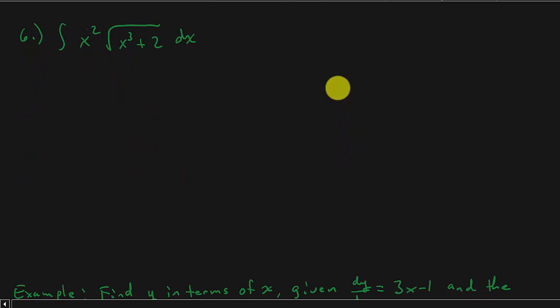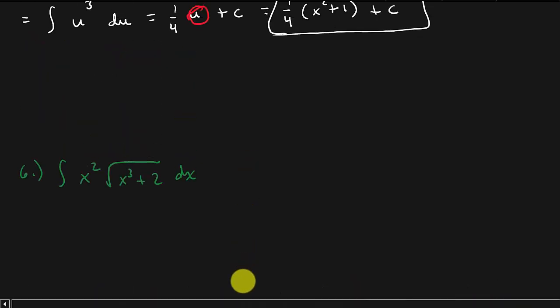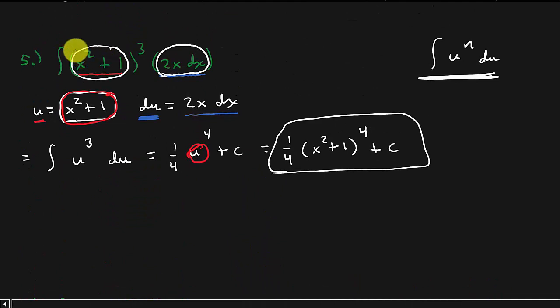All right, so let's do another one. How about this one? Well, remember what we just talked about in the previous problem, that this looks nothing like our formula u to the n. Looks nothing like it. And the other thing we talked about up here is if we have something in parentheses raised to a power, I looked inside the parentheses and said, okay, what's the derivative of that?